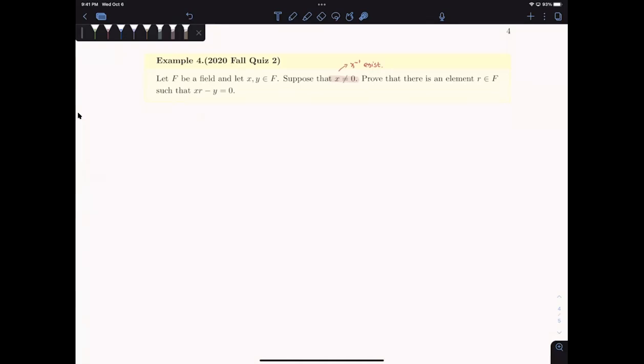So I want you to think about what you need to prove, because this sentence is kind of confusing. Once you figure out what you actually need to prove, you're basically done. So use the time, think about what you need to do.